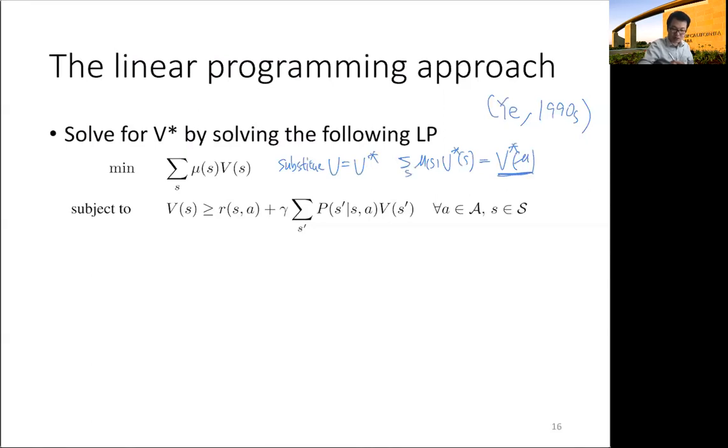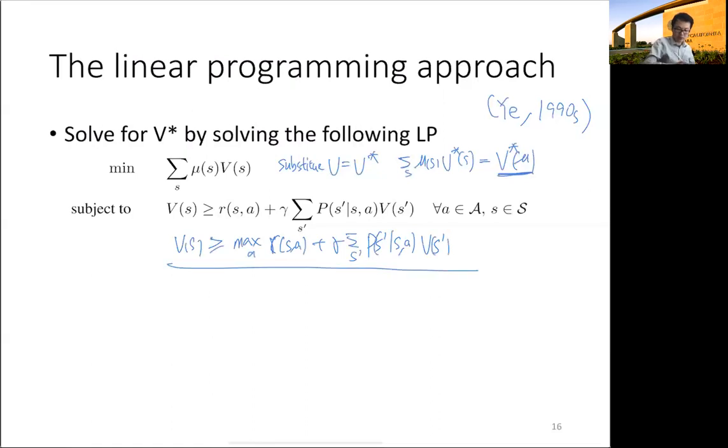How about the constraints? The constraints are really saying that V(s) is at least the max over a of R(s,a) plus gamma times the sum over s prime of P(s prime | s, a) V(s prime). So it is really a rewriting of the Bellman optimality equations by enumerating over all a.